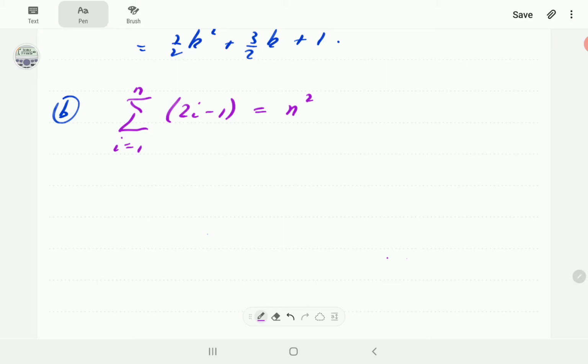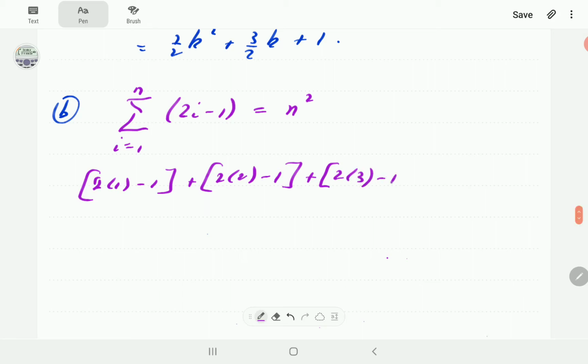So again, if we do the first three terms here, the left hand side, when i is 1, it's going to be 2 times 1 minus 1, the first term, and then for the next term 2 times 2 minus 1, and for the third term 2 times 3 minus 1, and then for the nth term we're going to have 2n minus 1.